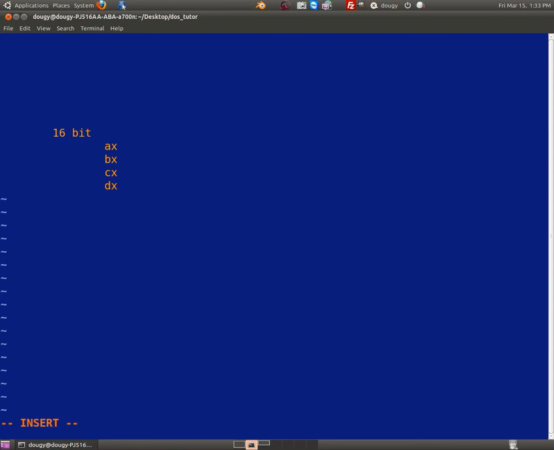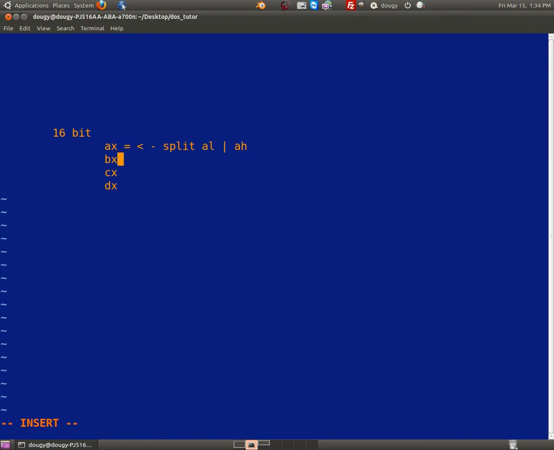Okay? But in a 16-bit register, remember what I was talking about nibbles? We can split this one area into two smaller areas. Okay? And that is an AL as for a low, and an AH for an A high. Okay? We can split this box here, which is the AX register, into two smaller areas, AL and an A high.